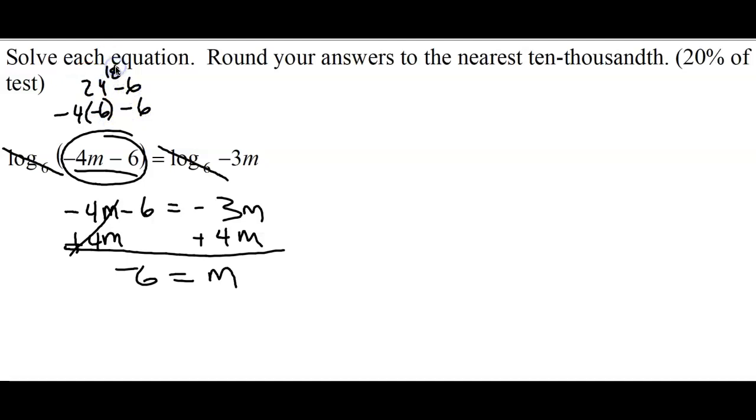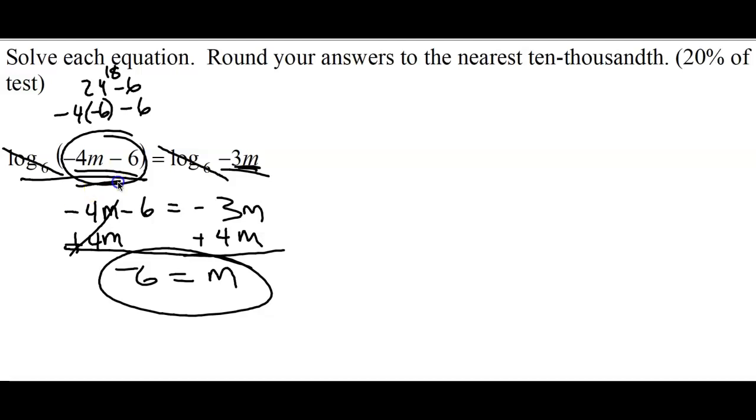We're good there. It's 18. That's not 0. So if we plug in negative 6, this log's okay. It also has to be okay for this one. If you plug in negative 6 here, you get 18. So remember, your answer cannot be something outside of the domain. It can't be something that makes the argument negative or 0.